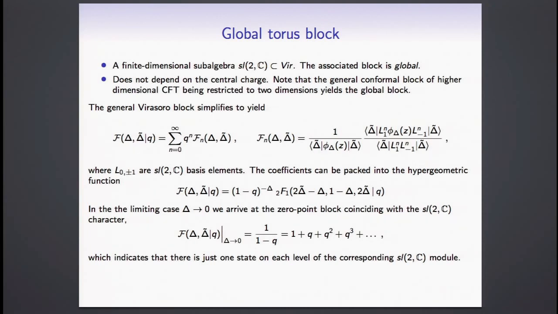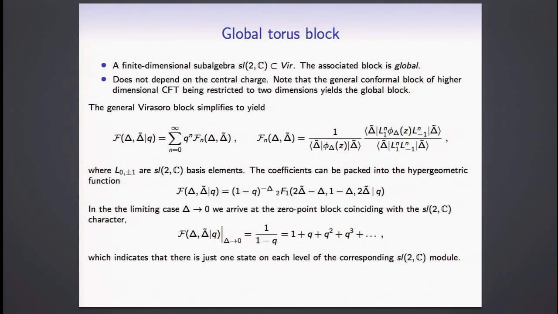Okay, in this case, the general expression for the quantum block drastically simplifies, and the corresponding expansion coefficients are given by these matrix elements, where instead of all Virasoro generators, we have only L-1, L+1, and L0, which is just the commutator of L+1 and L-1.